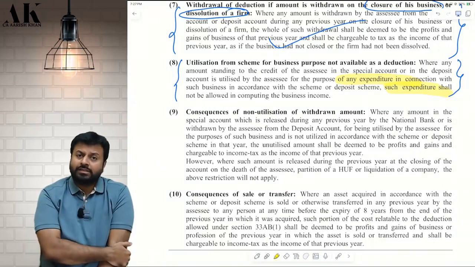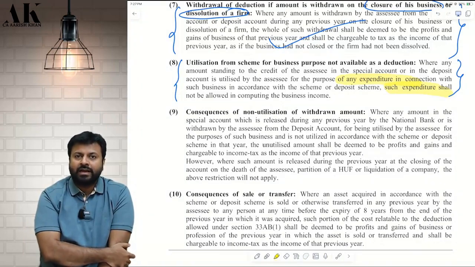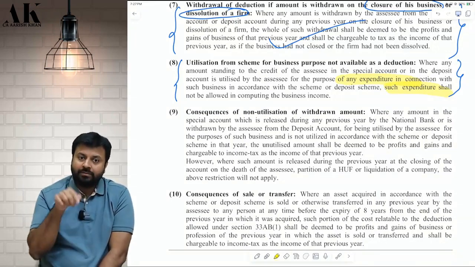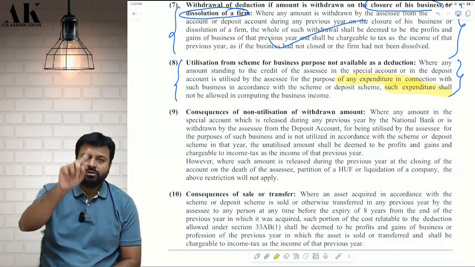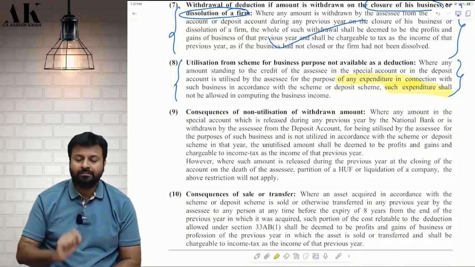allowed. Now, the same question I would like to extend. I bought a new plant and machinery; I will get normal depreciation. Agreed? Now the question: will I get additional depreciation on that plant and machinery? Now the answer is no. Let me tell you why.